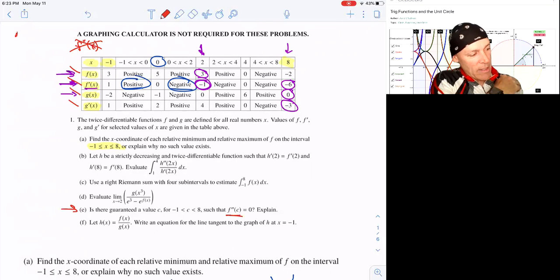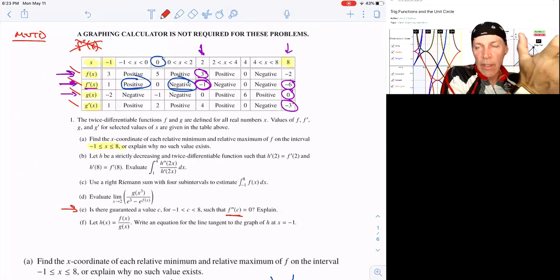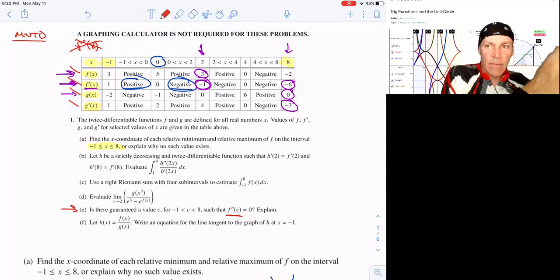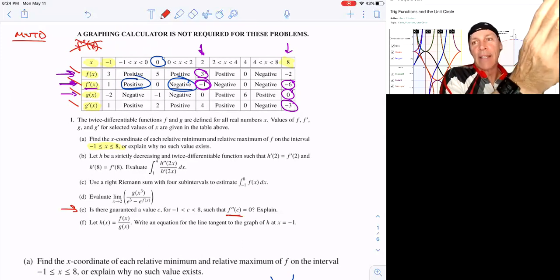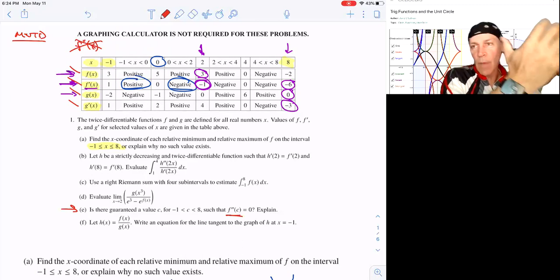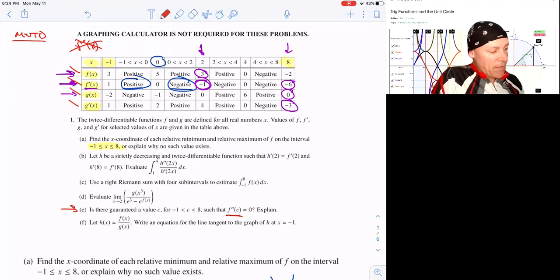I'm guessing prior history says that's a pretty commonly tested one, because it brings to the forefront the idea of how the derivative relates to the average rate of change: the instantaneous rate of change equals the average rate of change, the slope of the tangent line equaling the slope of the secant line. Those are just different ways you can think of mean value theorem for derivatives. So if that's the case, let's go down that road.